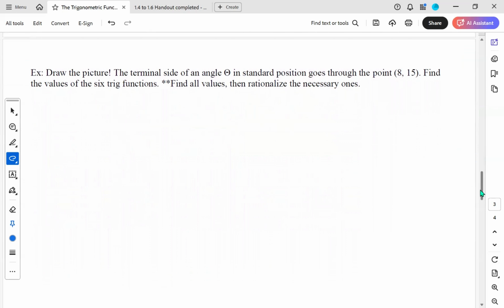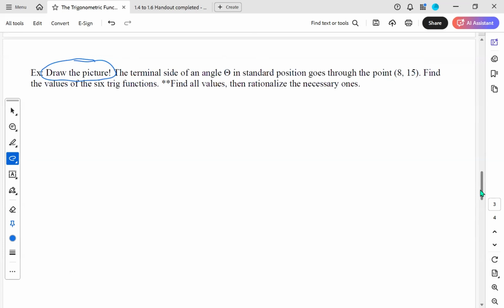All right. So we're going to go and work on right triangle trig. And the key on right triangle trig is to draw the picture. Anytime you need to, draw your picture, because your picture is going to help you out tremendously.